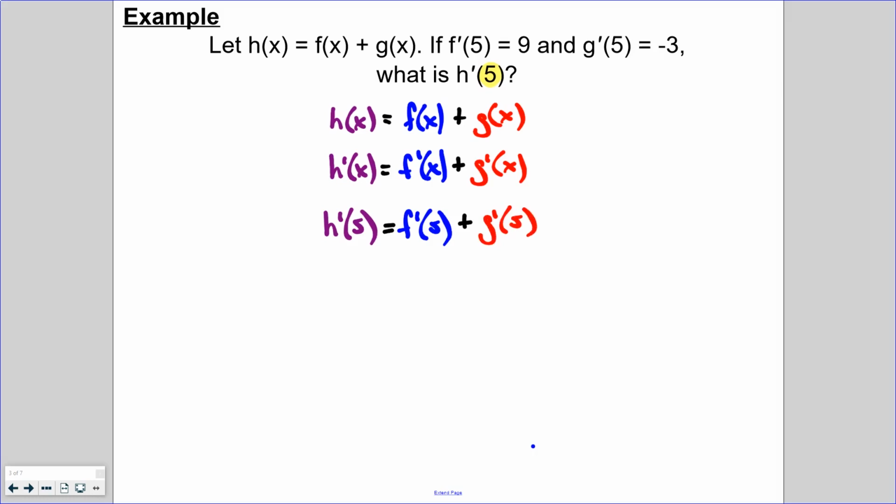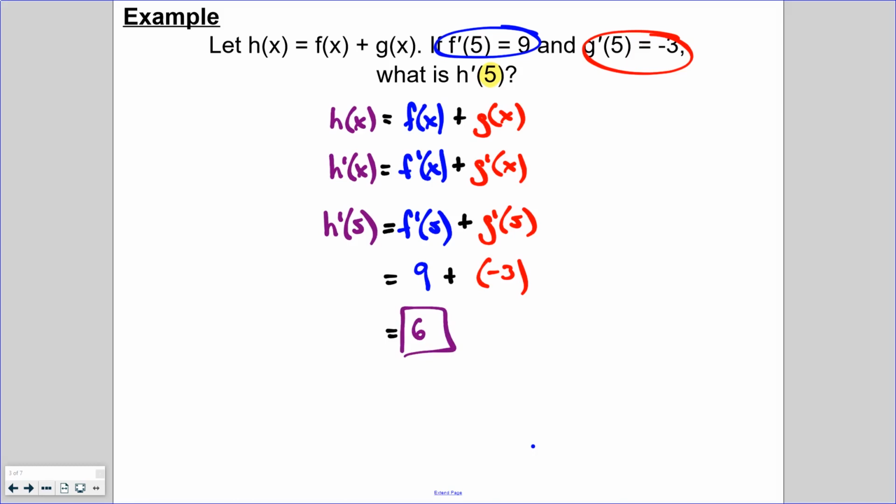Now, fortunately, in our example, we're told that f prime of 5 is 9, so we can make that replacement. We're also told that g prime of 5 is negative 3, so we can make that replacement. And that's going to leave us with h prime of 5 is 9 plus negative 3, and 9 plus negative 3 is going to be 6. So therefore, h prime of 5 is 6.